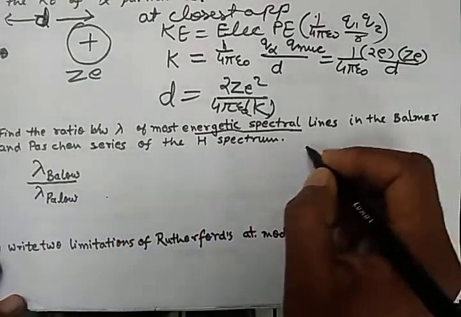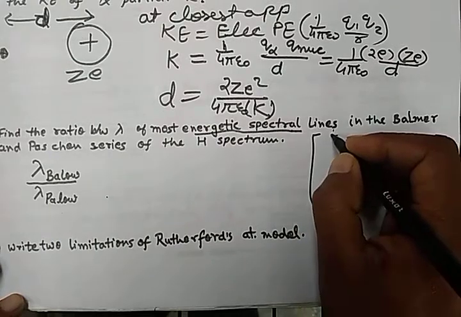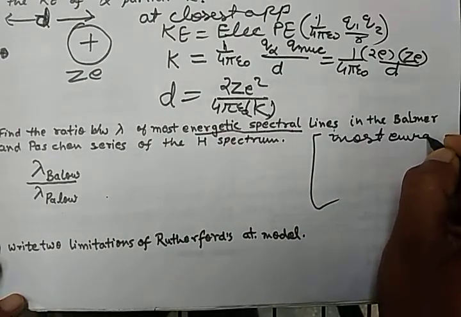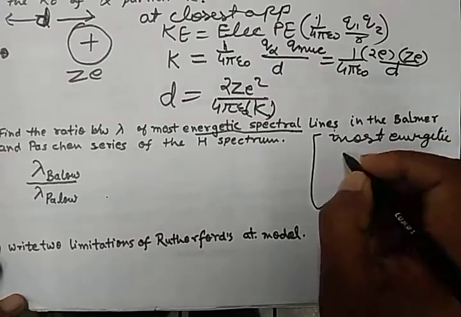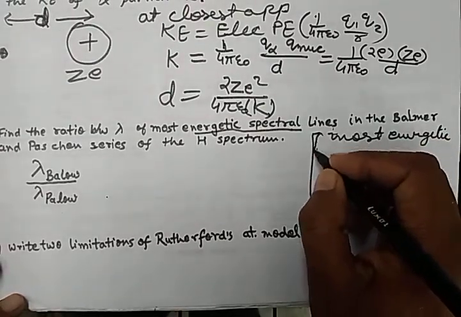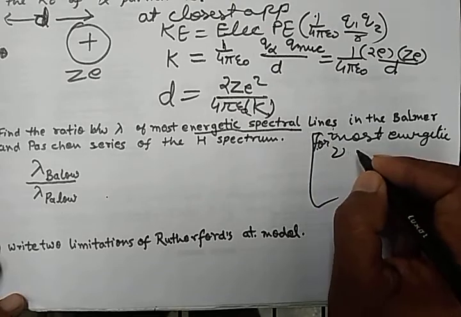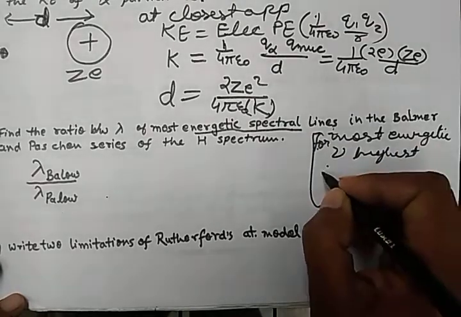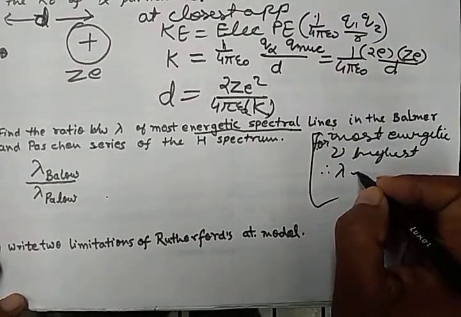We can explain this like: for most energetic, nu is highest, so lambda is lowest.